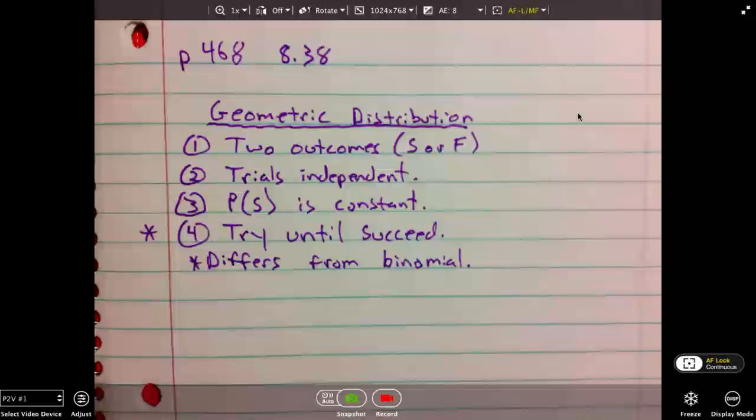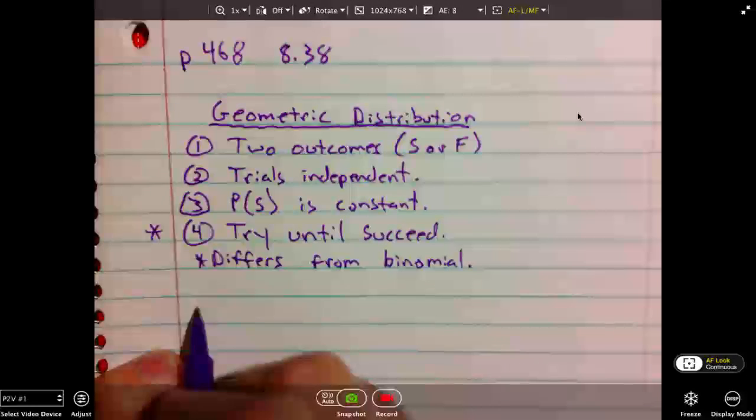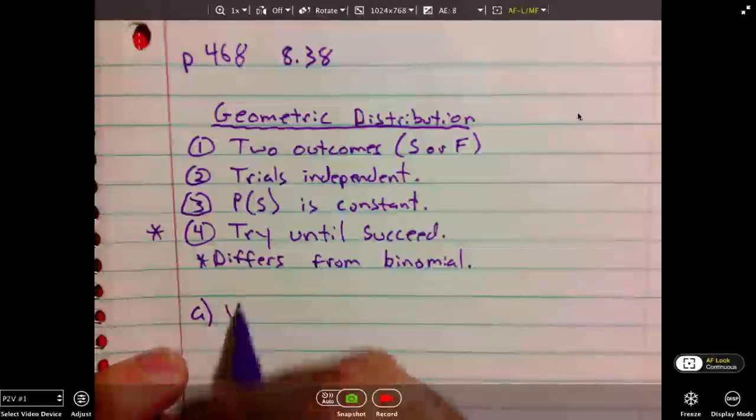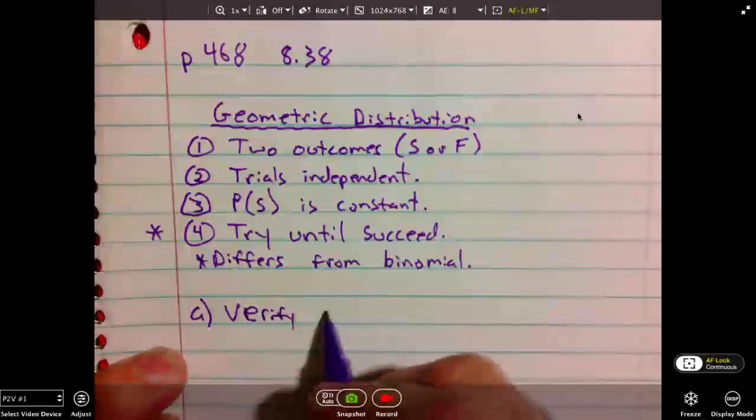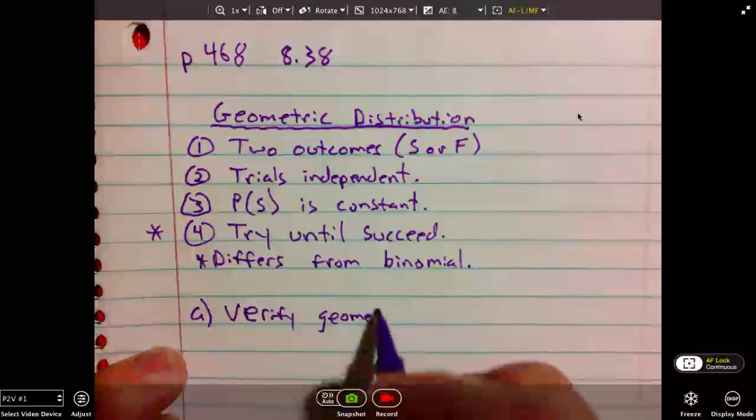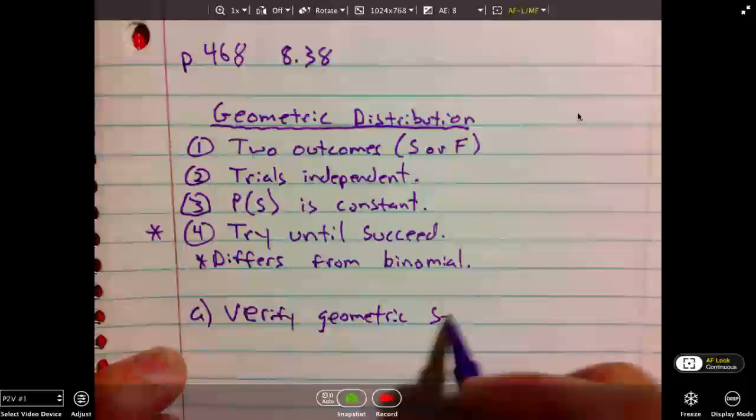So in this problem, we're going to first verify that this is a geometric setting.